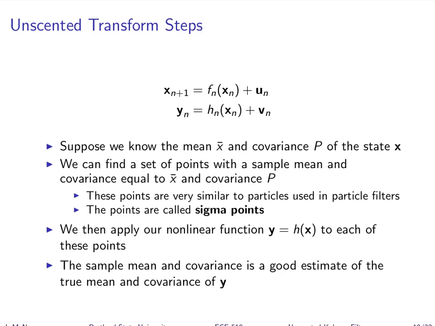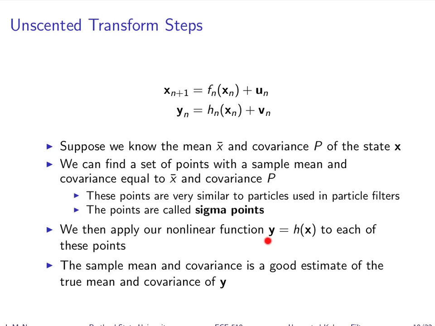So basically the idea is if we know the mean of the state and its covariance, we can find a set of points that represents that, and those are the so-called sigma points. Then we can apply our nonlinear functions, and we've got two of them, to each of those points individually.